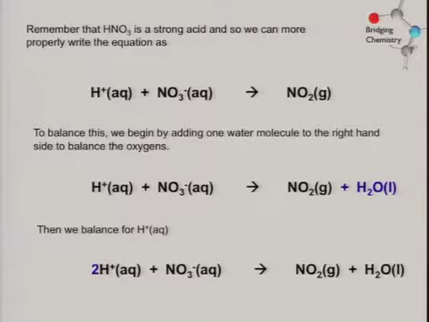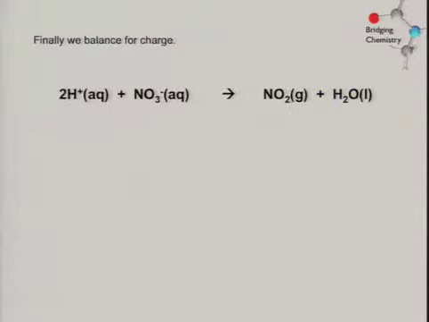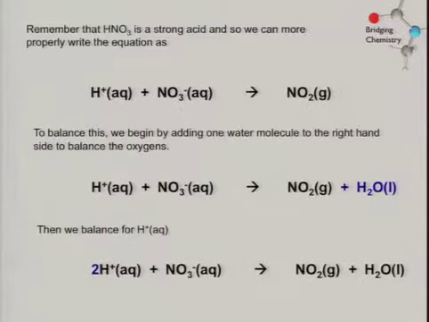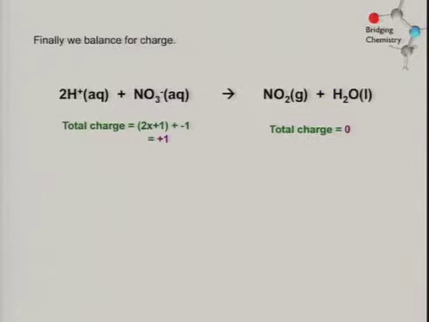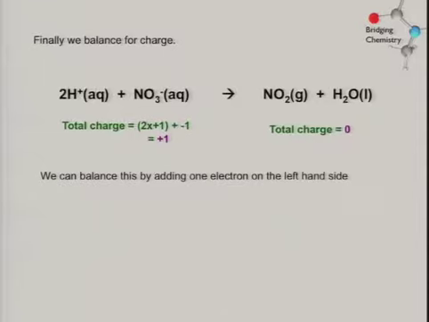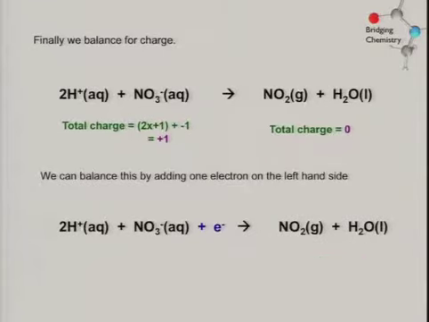The total charge on the left-hand side is going to be +1. And the total charge on the right-hand side is 0. And so we can finally balance that up by just adding 1 electron to the left-hand side.